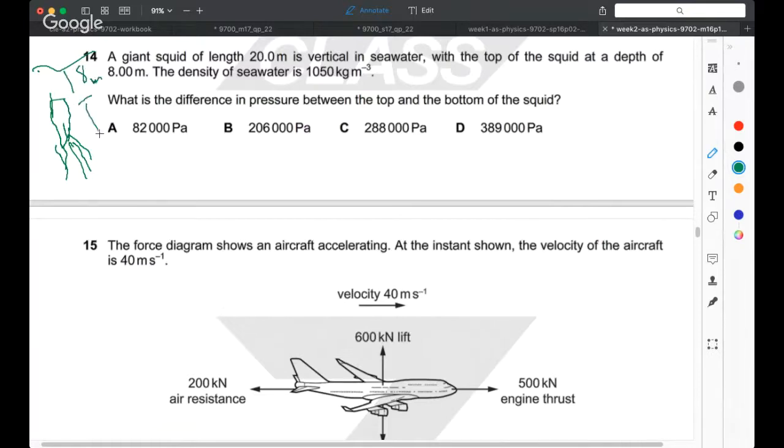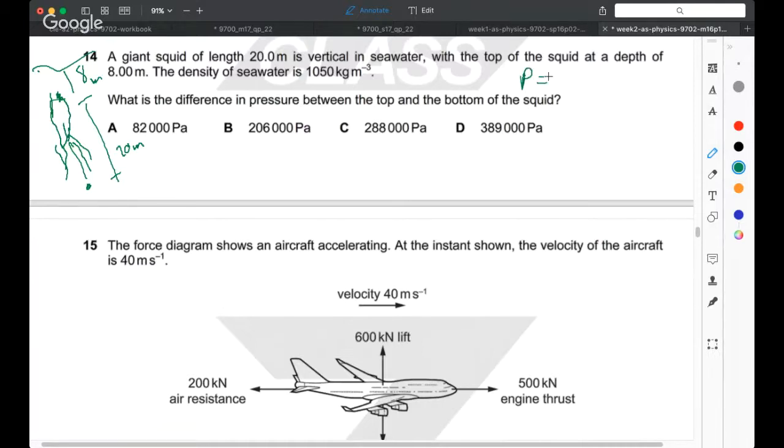And the giant squid is 20 meters. So what is the pressure difference between here and here? How do you calculate the pressure first? One pressure at a time. The pressure on the top, so you do it for 8. Which equation will you use?